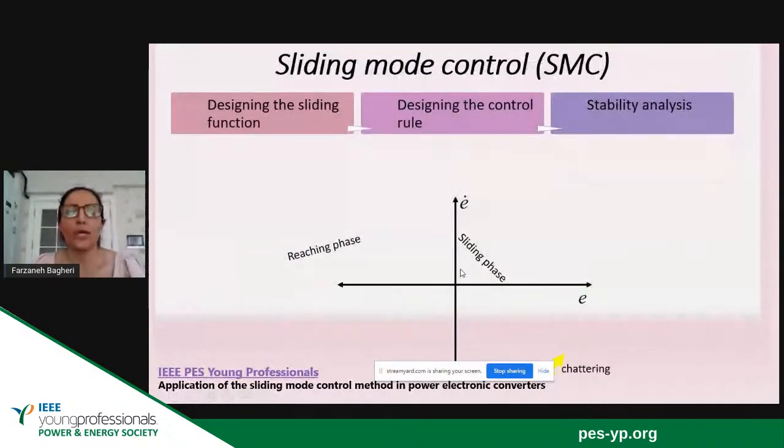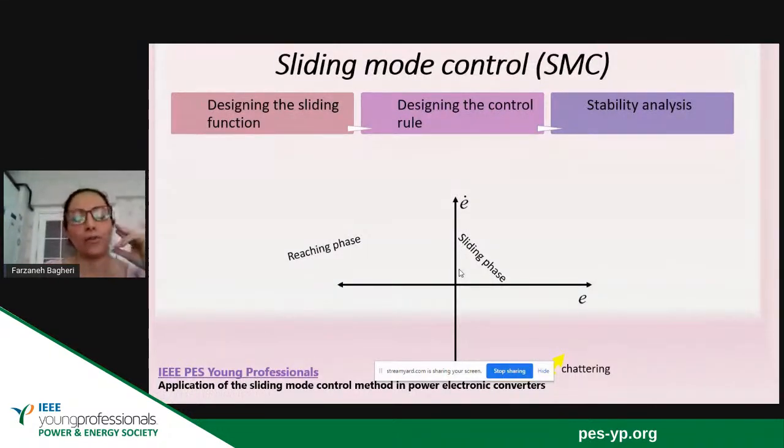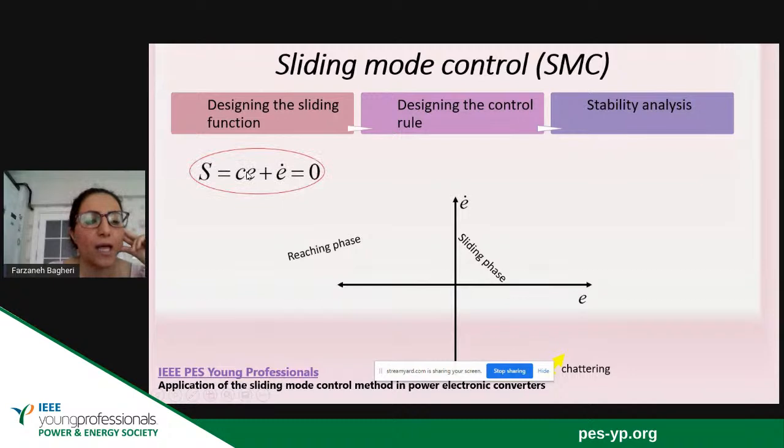So if I want to summarize those two steps in this figure for making it much more clear, you can look at this figure. First of all, I will design the sliding function for my system. If the order of your system is second order, then the sliding function is something like this: ce plus e dot, it should be equal to 0.